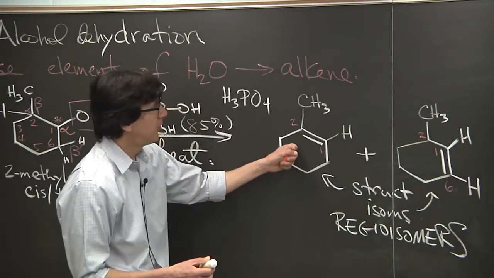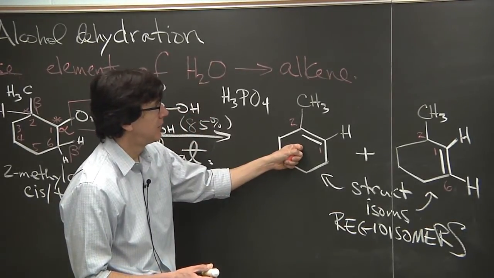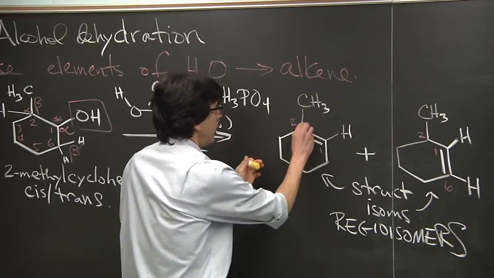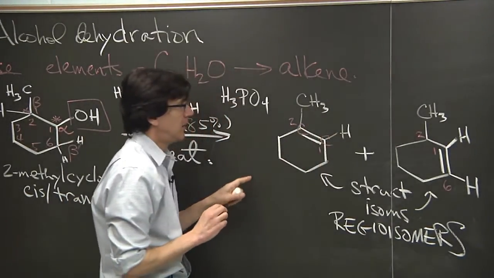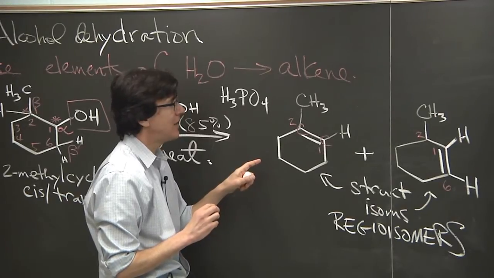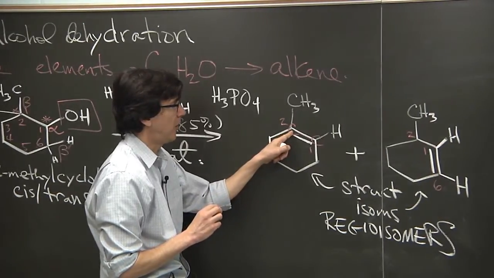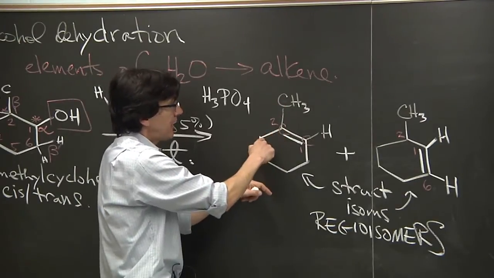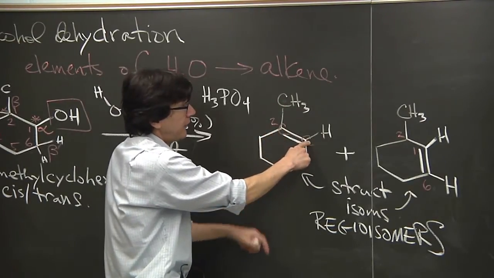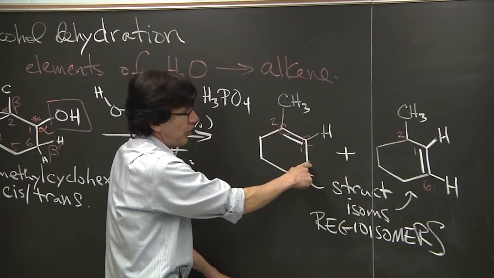Let's start with this structure right here. So here is one of the sp2 hybridized carbons. Here's the second one. Let's count up the number of non-hydrogen groups attached to this carbon. Here's one. This is certainly not a hydrogen. Here's a second one. Let's go to this carbon. Here's a third group.